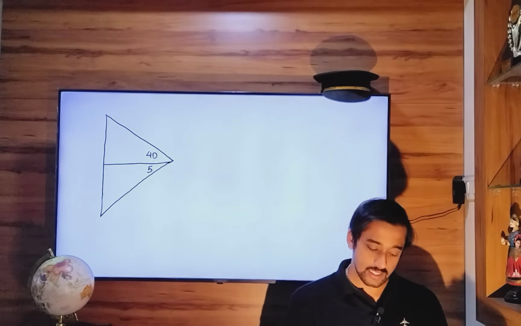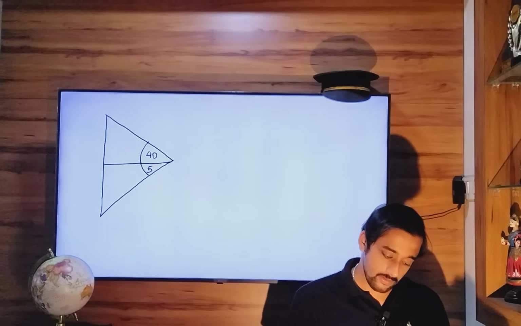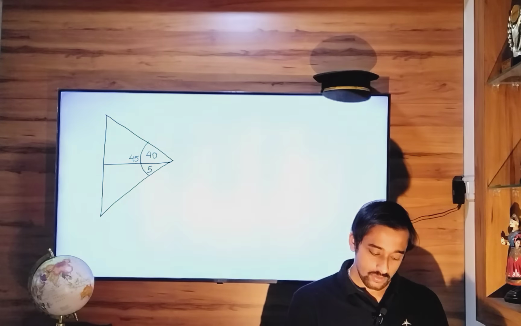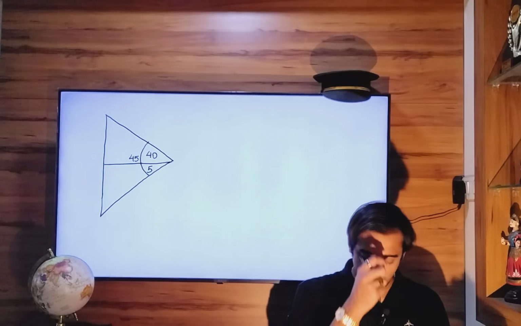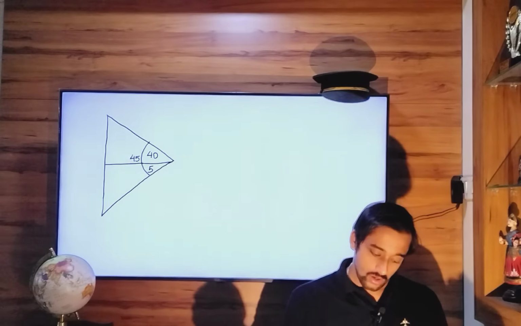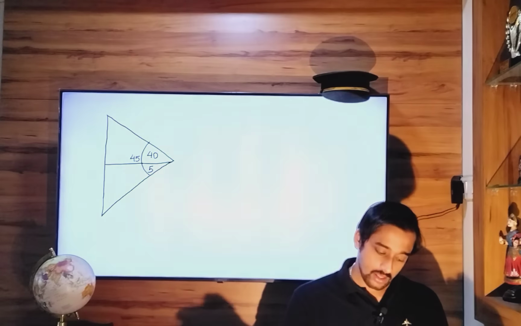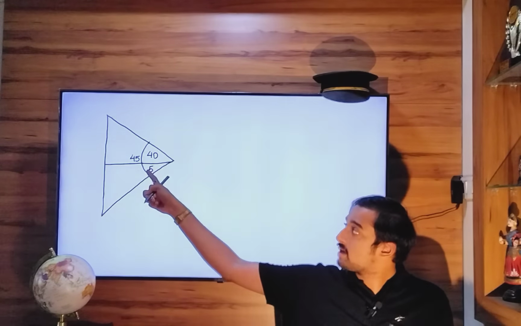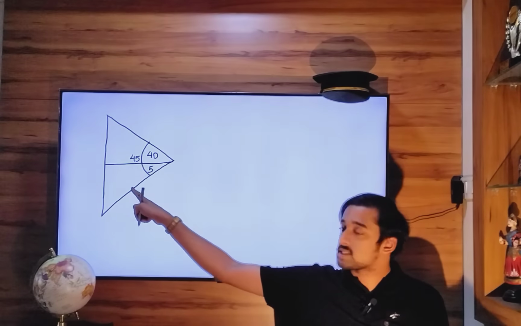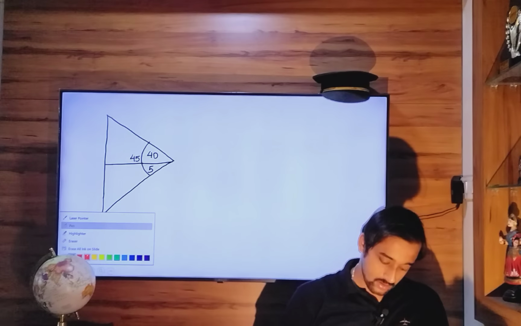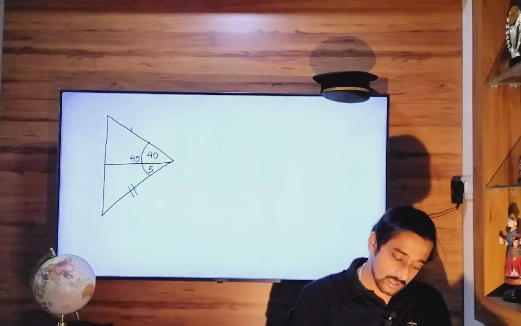This is 40 degree, this is 5 degree, total is 45. Next, if this is 45 degree, then this side will be equal to this side.